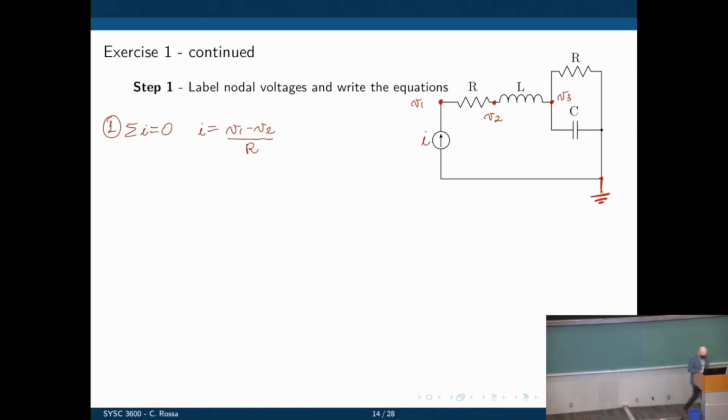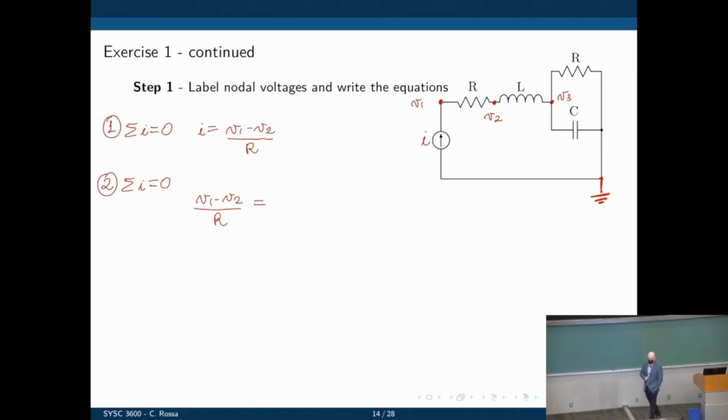Now let's do node 2. Again, the sum of all currents in node 2 is 0. You have current going in from the resistor, and a current going out towards the inductor. They must be the same, because that's all that is at that node. The current from the resistor we just wrote: V1 minus V2 over R. This must be equal to the current across the inductor.